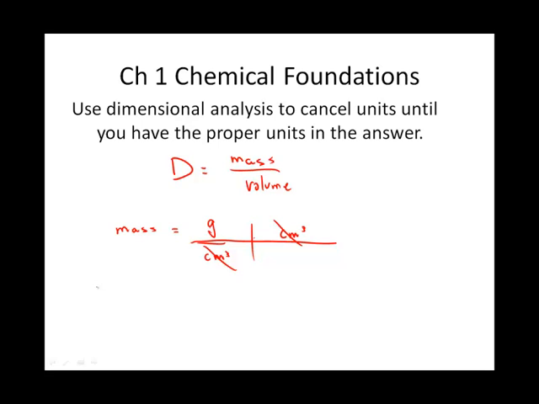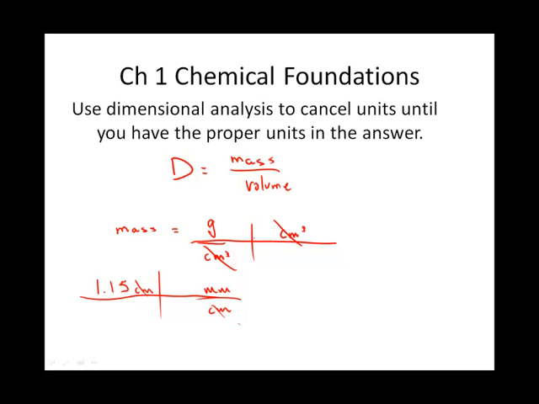Or if you're making a conversion from 1.15 centimeters and you want to convert to millimeters, well, we do that with unit conversion or dimensional analysis. And I want centimeters to cancel out, so I'm going to put them on the bottom here.